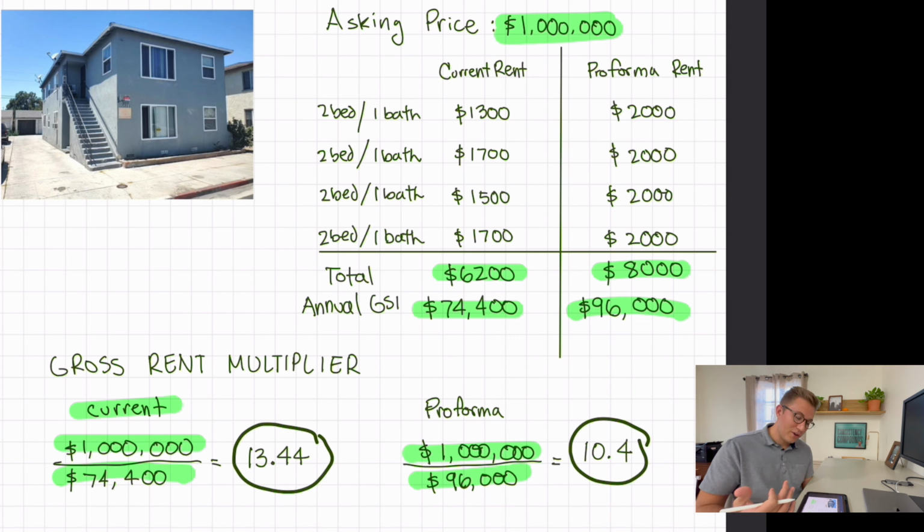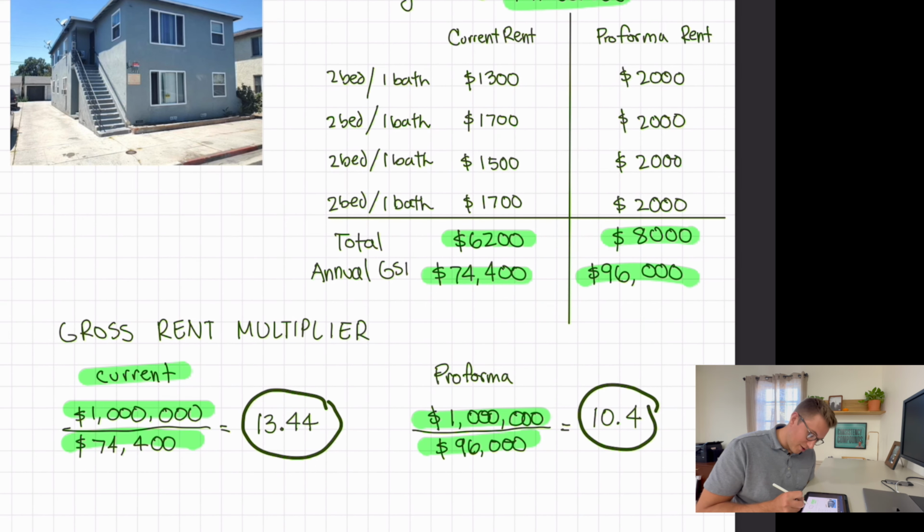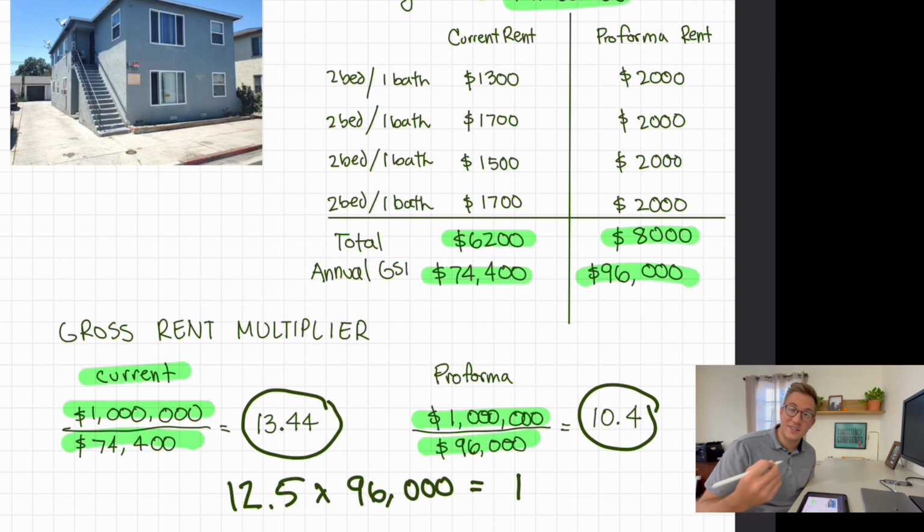If we knew that properties in this neighborhood were trading for, let's say, 12 and a half times gross, based on stabilized rents, we could calculate our exit value. So we would do 12.5, the market's gross rent multiplier, times 96,000, which is our projected rent, and that would give us an exit value of $1.2 million.